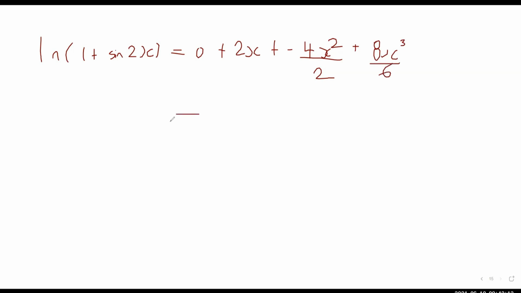So that works out to be 2x minus 2x squared plus 4 over 3 x cubed. And that's it.